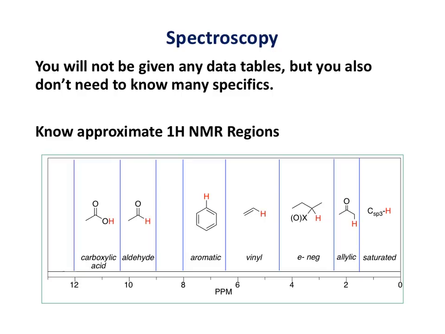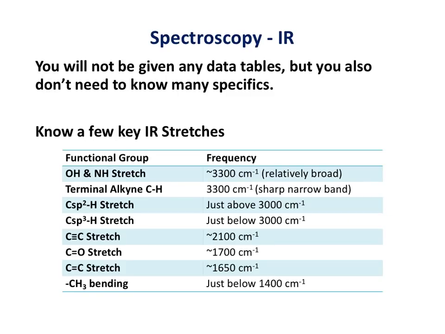And this table, you should all have some form of this. Okay, IR. Up here in the 3300 region, that is something H stretches, usually OH or NHs.